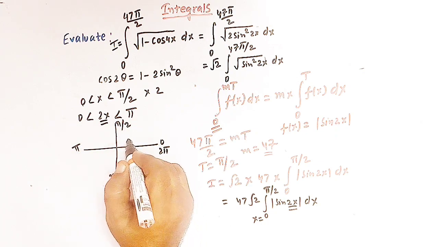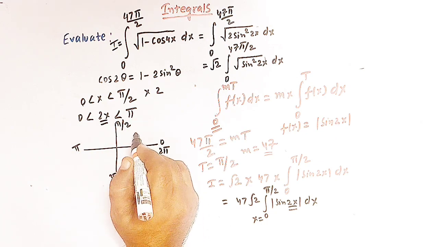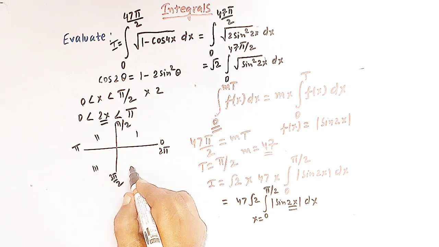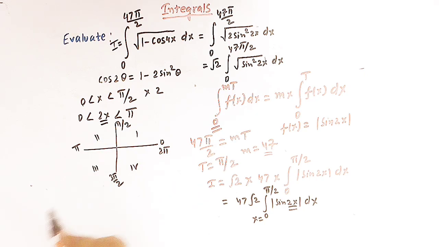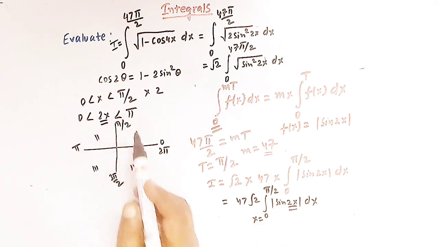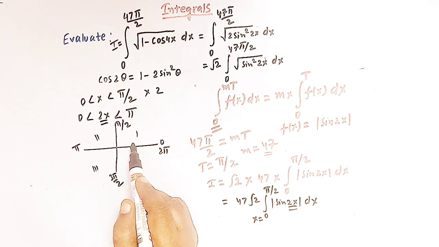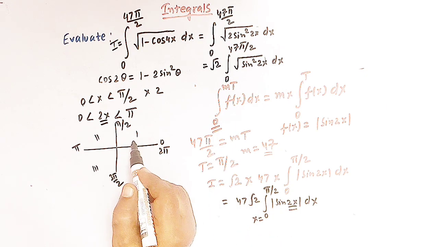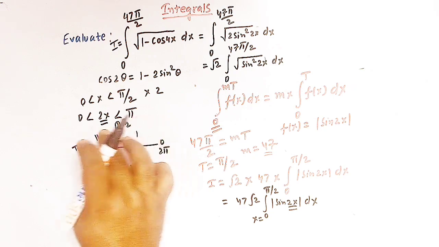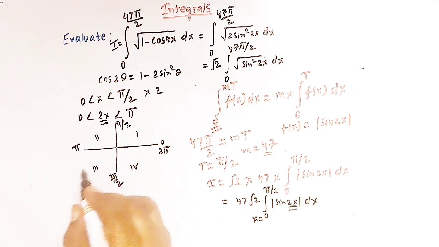So it means we have to restrict ourselves to the first and second quadrant only, and these are the third and fourth quadrant. The value of 2x varies from 0 to pi, and we have to confine ourselves to the first and second quadrant only. In the first and second quadrant, the sine function is positive, right?